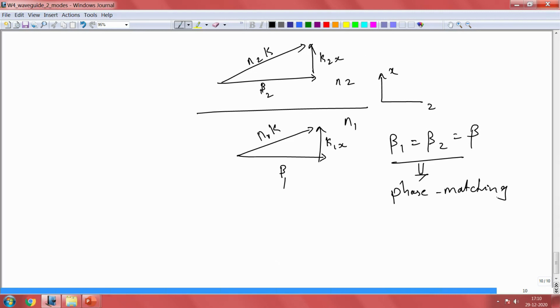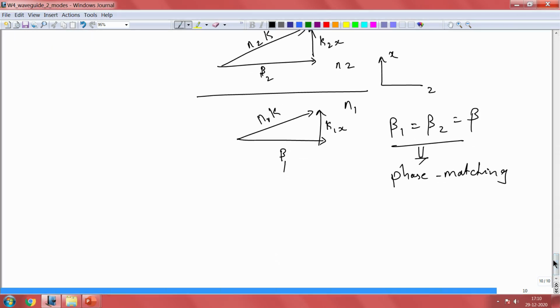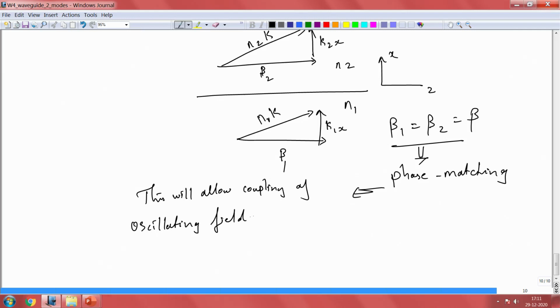at this interface. So, what is the purpose of this phase matching? This will allow coupling, right, the coupling of oscillating field between the two media, right.